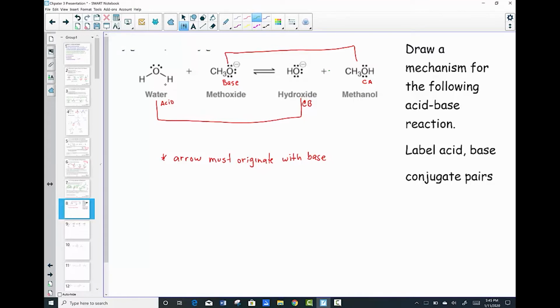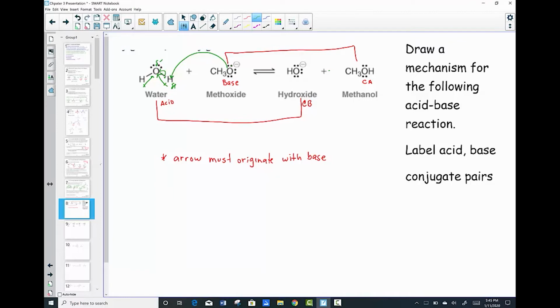And you can see that distribution of charge making hydrogen positive. So I see that reaching out for the proton when it plucks it off, the 2 electrons that are in this bond collapse back onto the oxygen. There's the second arrow, forming hydroxide, and the protonated version of methoxide turns it to an alcohol known as methanol.